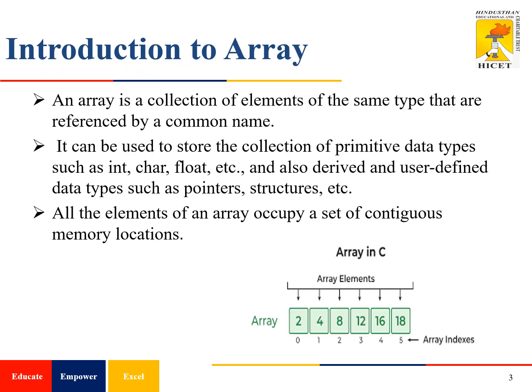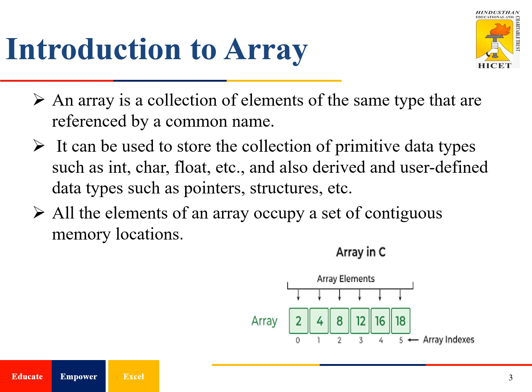Introduction to array. Array is a collection of elements, and the elements we collect in an array are of the same type, and they are referenced with a common name, that is the array name.